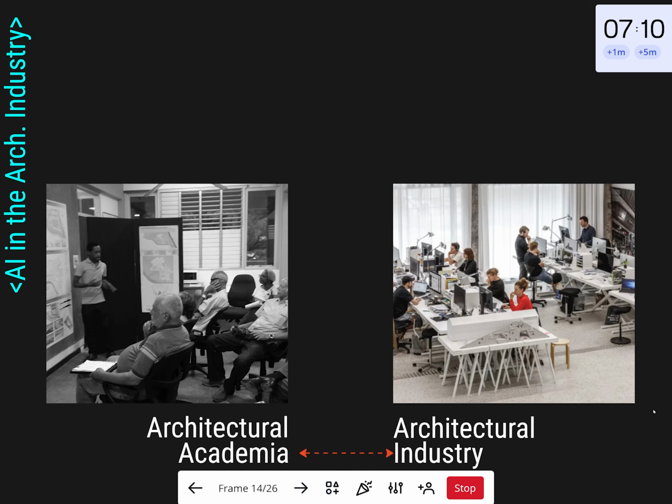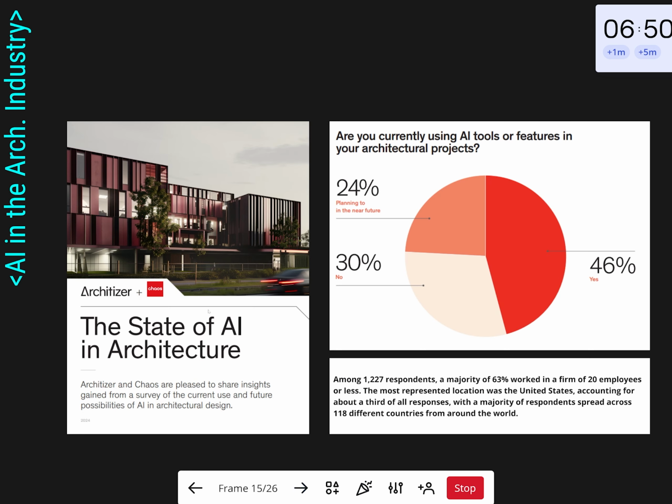Now, architecture. The way that we can understand AI is, let's look at what is happening in the industry. Academia is tied to industry. Sometimes it leads industry, and sometimes it reflects what the trend is in the industry. So following that, this is probably one of the most recent studies that was done.